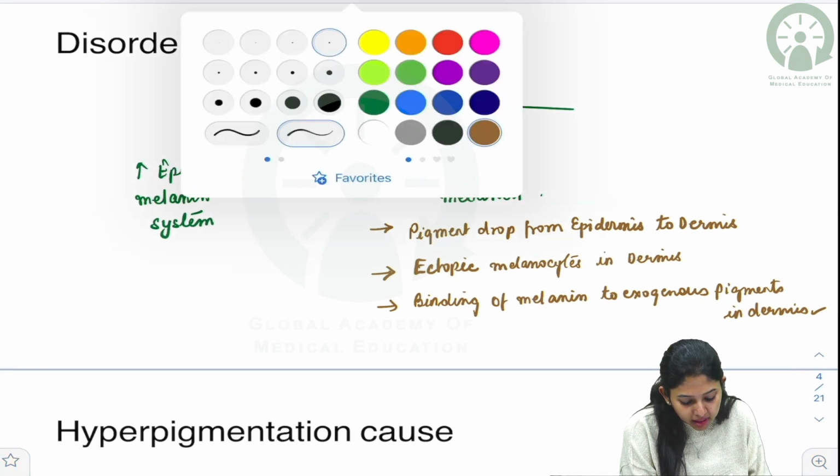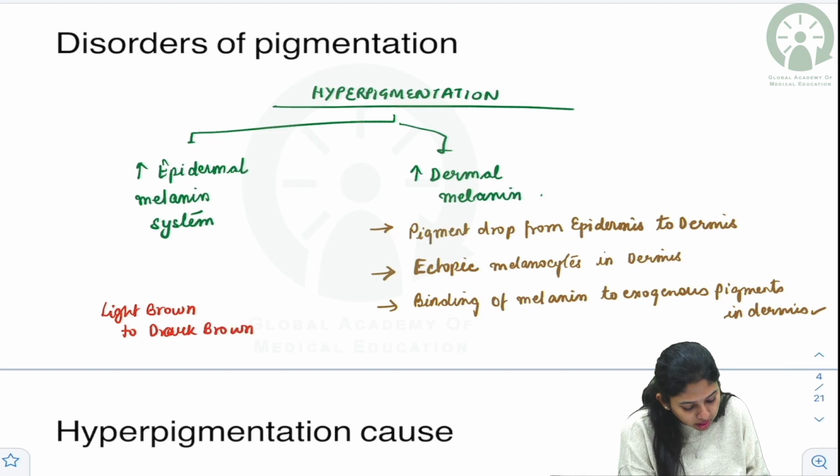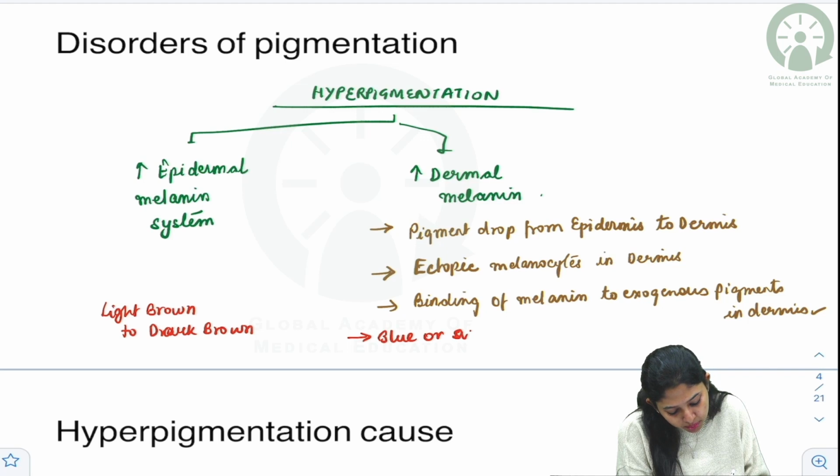Now, epidermal melanin synthesis appears clinically as light brown to dark brown, while dermal melanin is going to appear blue or ashy gray.